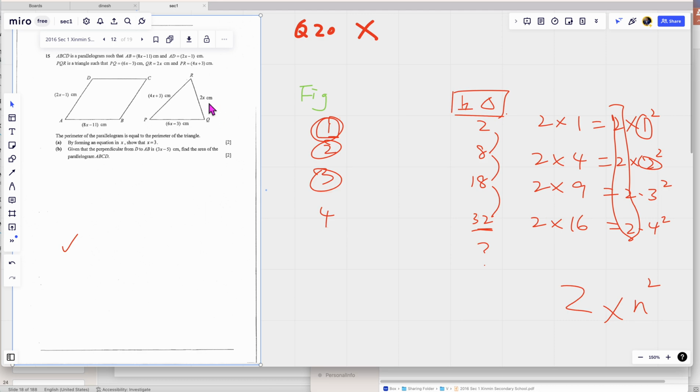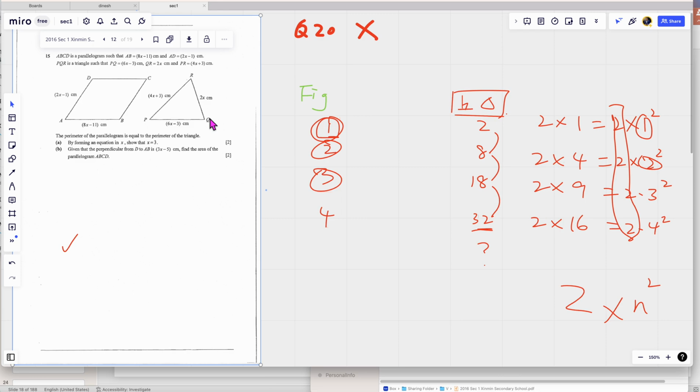Then calculate the perpendicular from D to AB. Okay, 13. They ask you to find the area of the parallelogram.